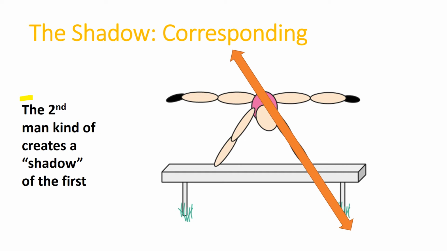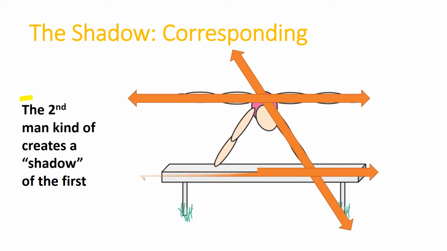So here's a transversal. Here's a parallel line. Here's another parallel line. Here's a man in a wheelchair, and here's a man in a wheelchair. He's signifying this obtuse angle and this obtuse angle.